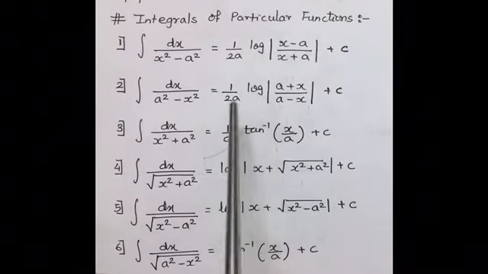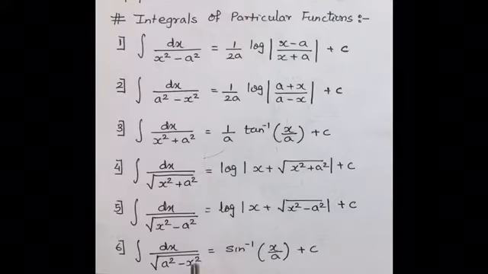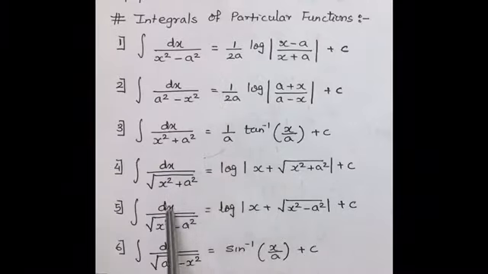So these are the 6 standard integrations, and based on these standard integrations, exercise 7.4 will be solved. So we have to always convert the examples of the exercise in terms of these types of standard integrations.